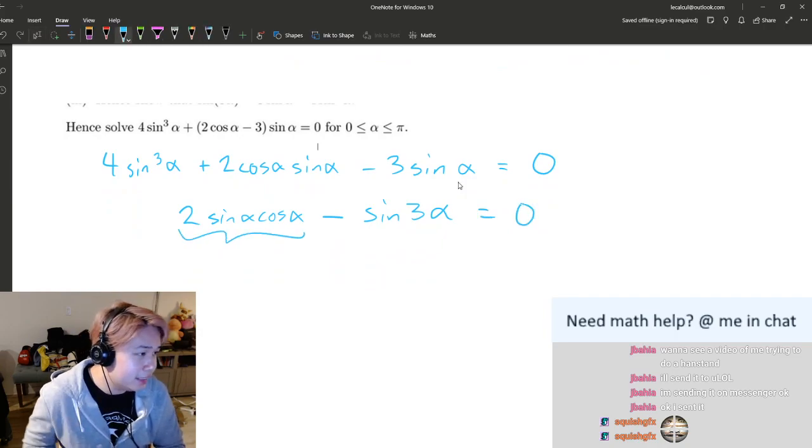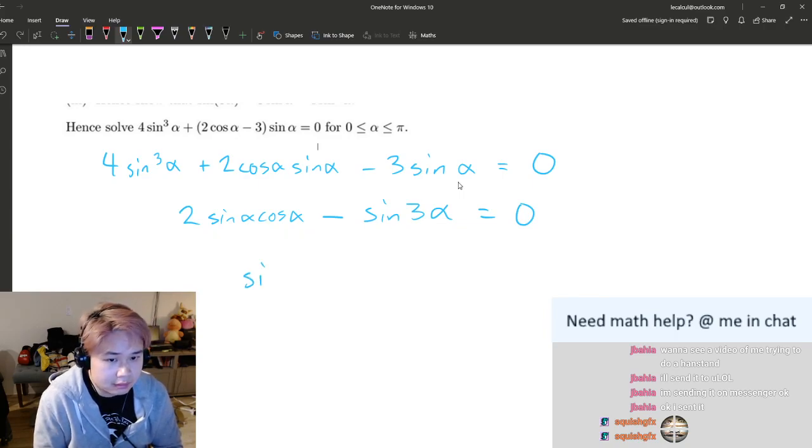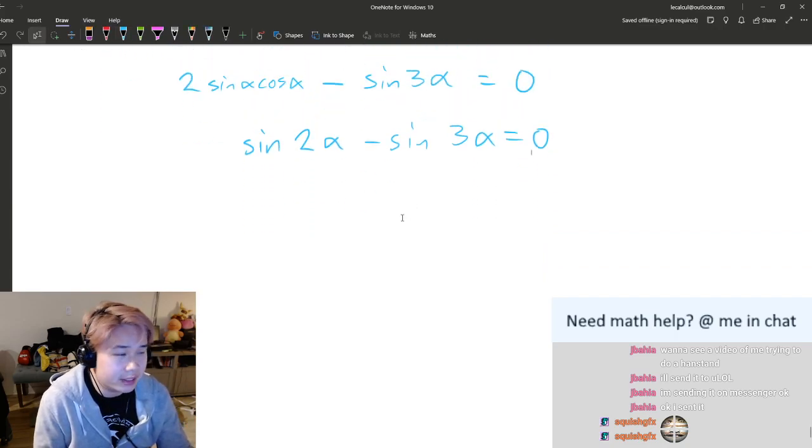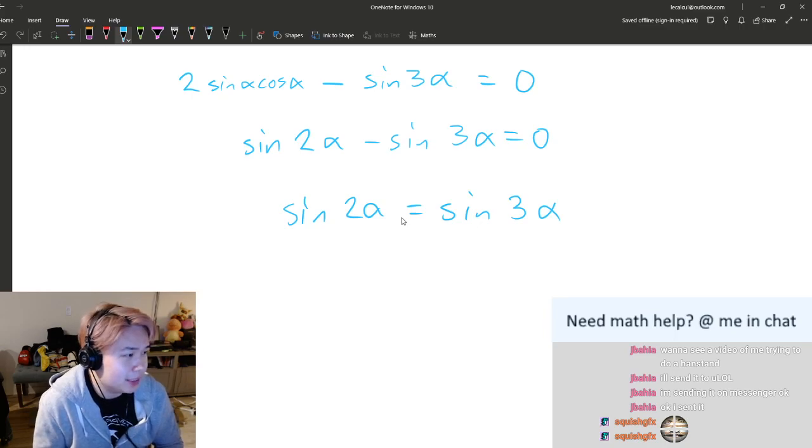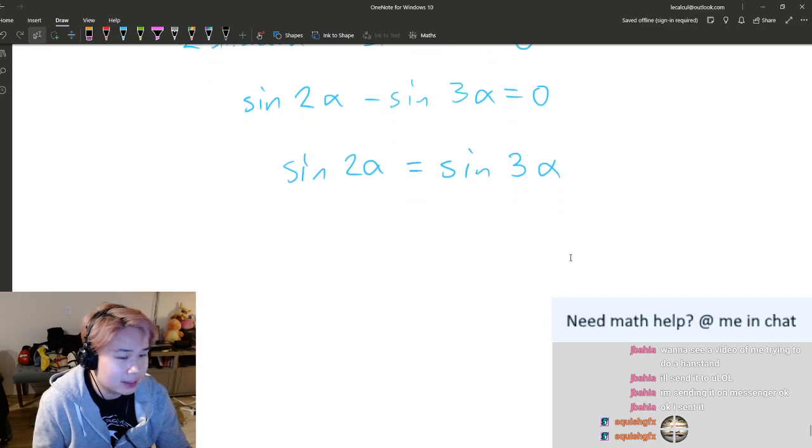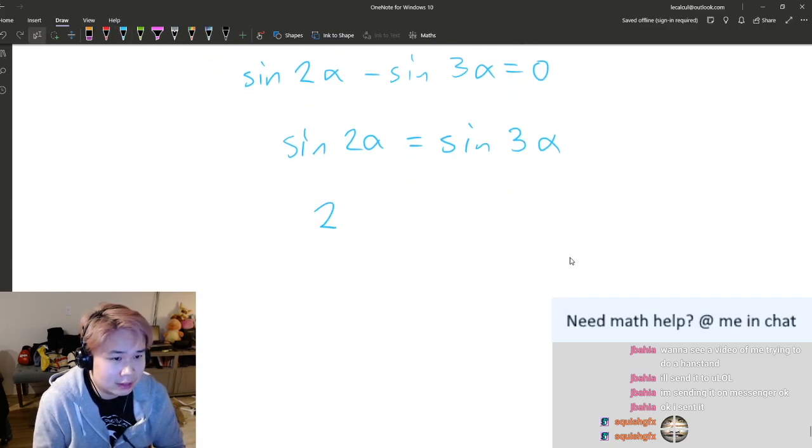This is a double angle identity. Oh, I'm so close to the end, I can feel it. Okay, and then we need to solve for alpha. So let's move this to the other side. I mean, you don't have to, but it just makes it more obvious what's happening. Because you have two sines that are equal to each other, then that means that their angles need to be equal.